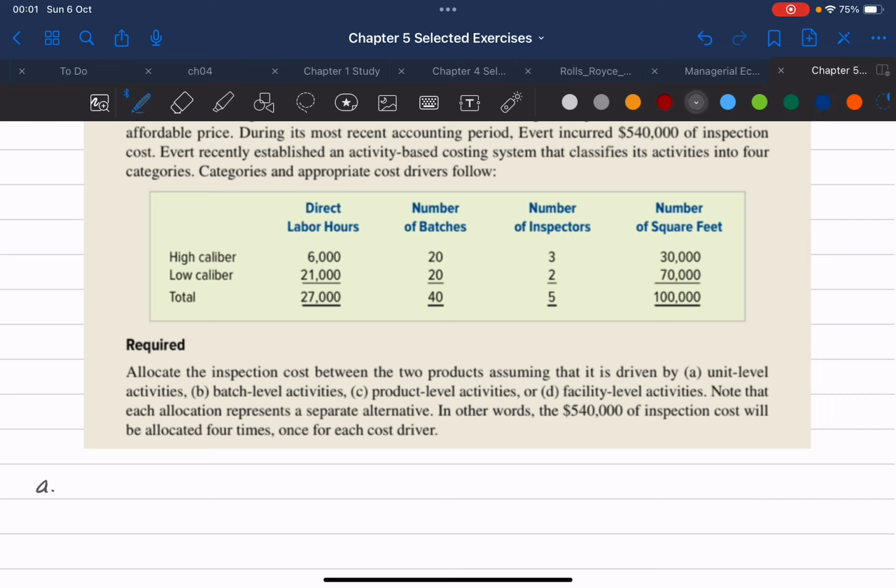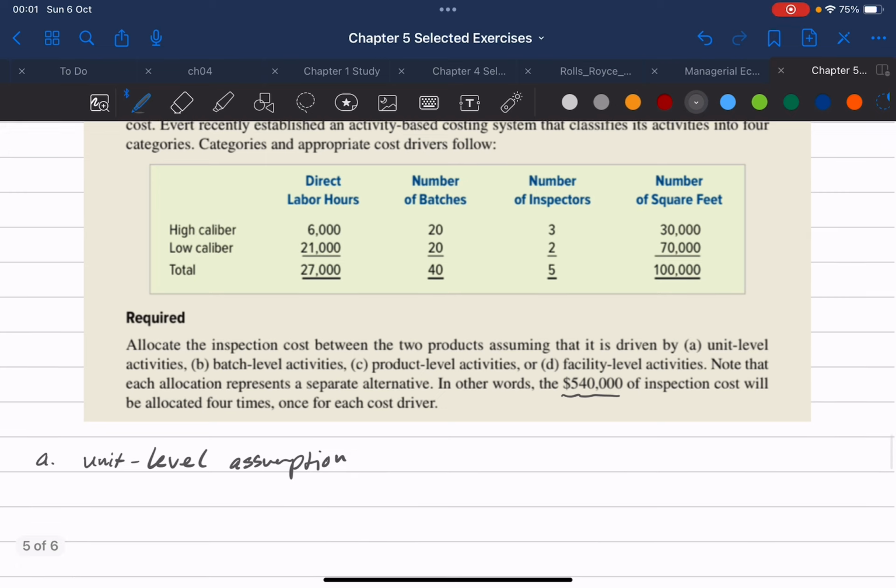A, let's call it unit level assumption. Now first, we need to determine the cost that we want to allocate, which is given to us here, $540,000. Okay, so let's call this the cost to be allocated.